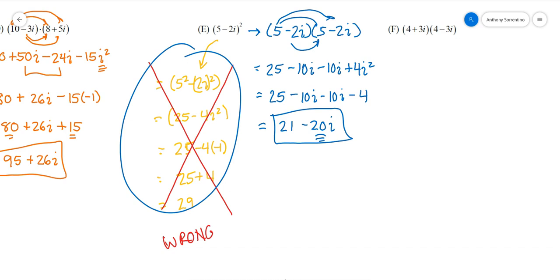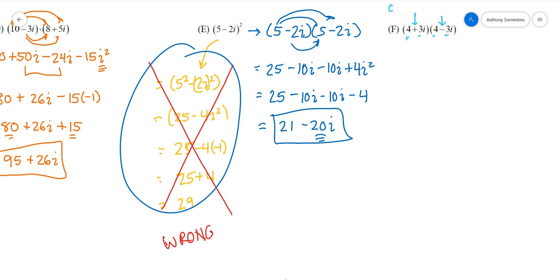There's one exception to that, and that's what F is dealing with. In F, let's go to an even different color yet, a lighter blue. You notice that they both have the same real part. They both have the same digit in the imaginary part. Really, the only difference is that one has a plus between them, the other one has a minus.